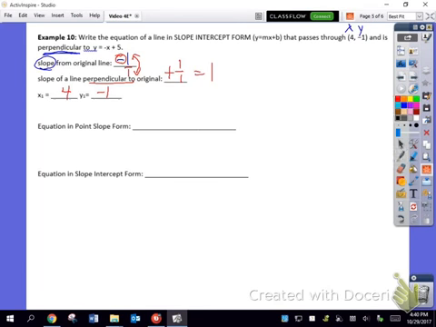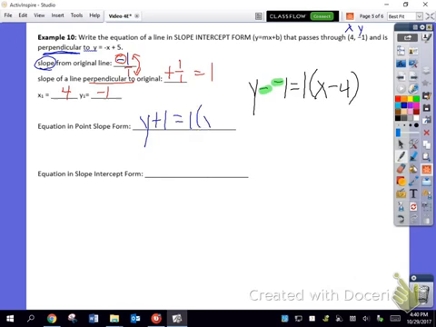So now I'm going to write my equation out to the side first. Y minus negative 1 equals 1, parentheses, x minus 4. I have minus and negative, so I need to rewrite that. Y plus 1 equals 1, parentheses, x minus 4. Now to go to slope intercept form, I have to distribute to get rid of the parentheses.